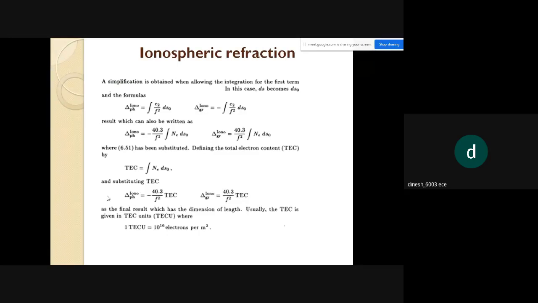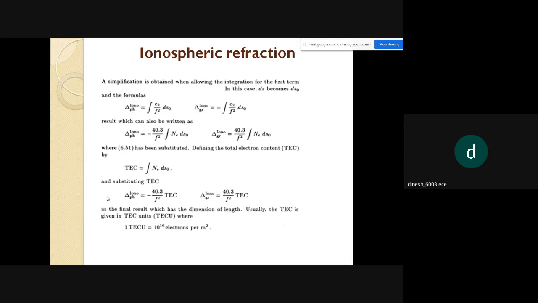So this can be substituted for determining the total electron content. How much total electron content is present in the ionosphere can be easily determined by the integral of Ne ds naught. So this will be equivalent to your TEC.